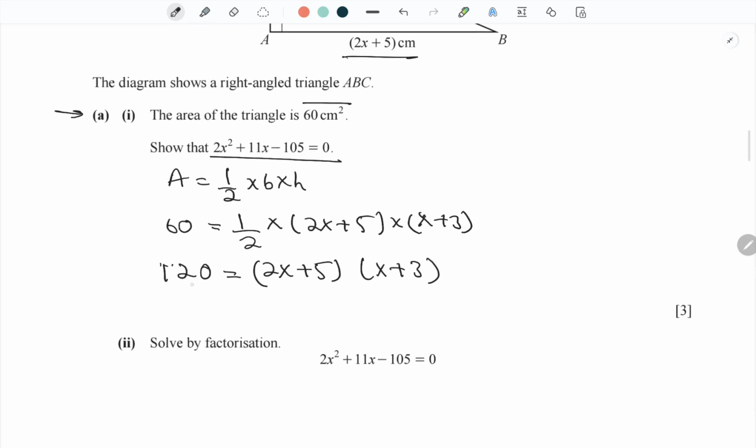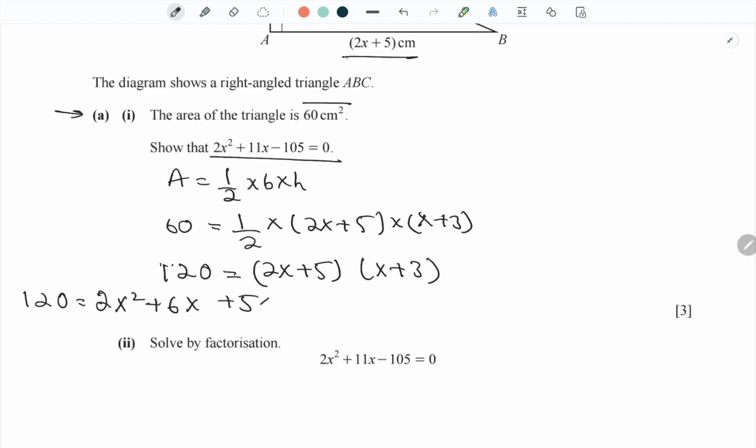So we multiply the brackets with each other. That means 120 equals 2x times x, sorry, we have 2x square, and then 2x times 3, so we have 6x, right?